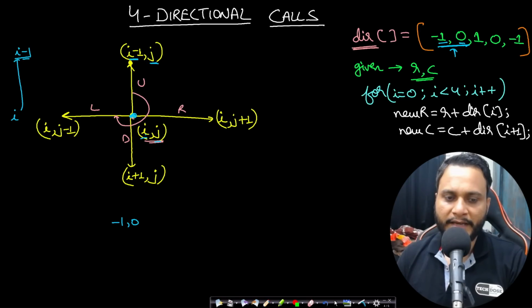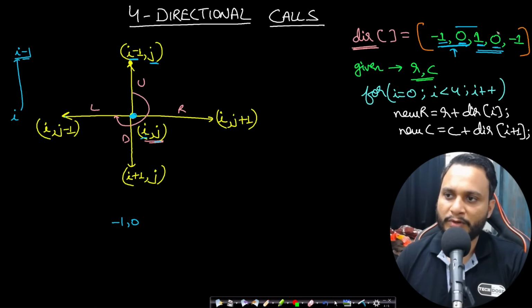Similarly to this i comma j, if you add direction at 1 and direction at 2, then you will be moving to the right hand side, because you will be staying in the same row but increasing your column by 1, right? And if you want to move down, then you will be adding direction at 2 and direction at 3. And if you want to move to the left, then you will be adding direction at 3 and direction at 4.